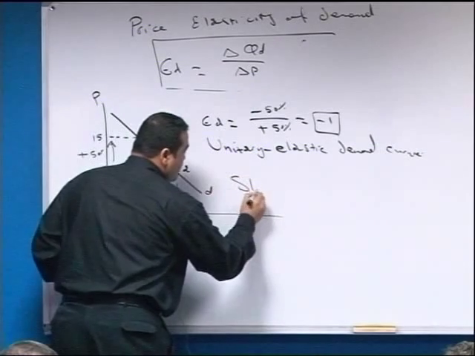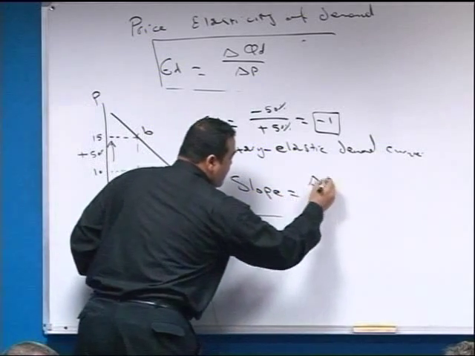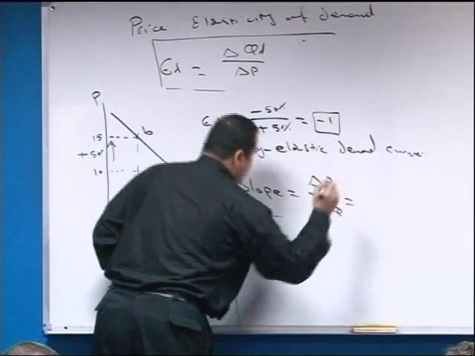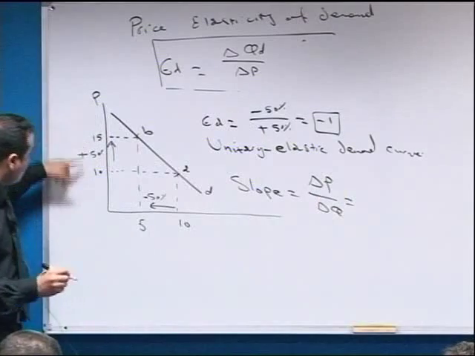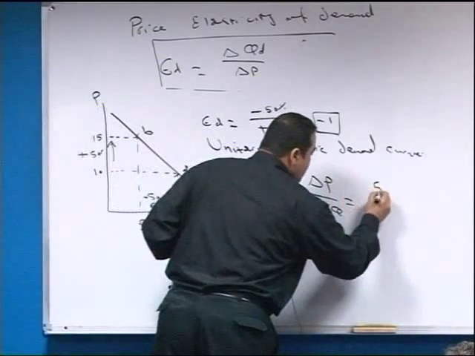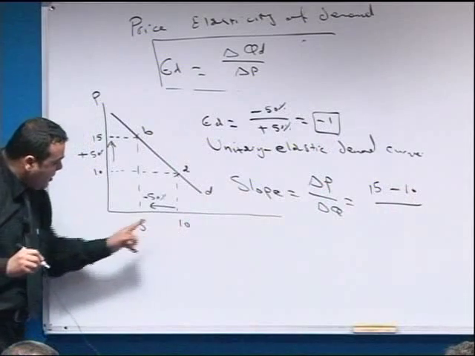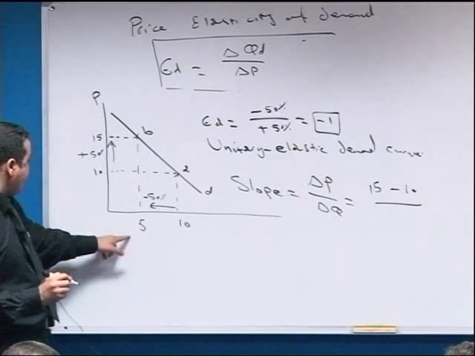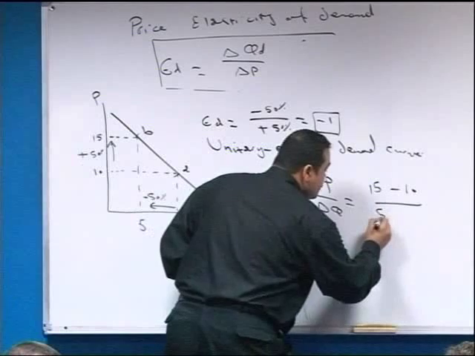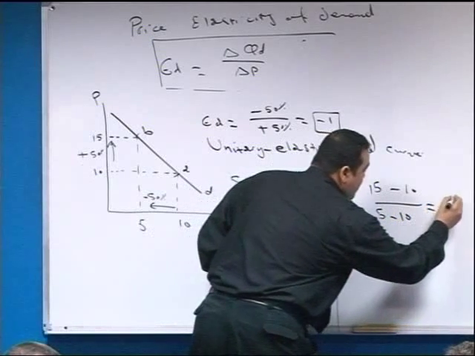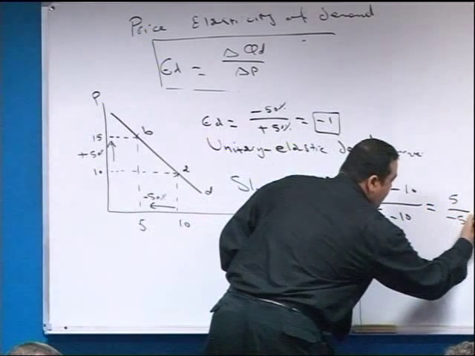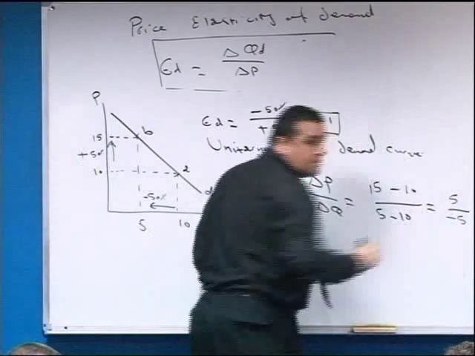Slope equals delta P over delta Q equals P2 minus P1, 15 minus 10, over 5 minus 10, equals 5 over minus 5 equals minus 1.